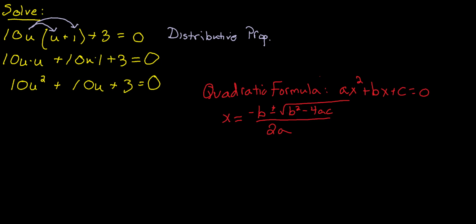So our task is to identify what the values for a, b, and c are, and then plug them in, and we're done. So here we've got a equals 10, b equals 10, and also c equals 3.